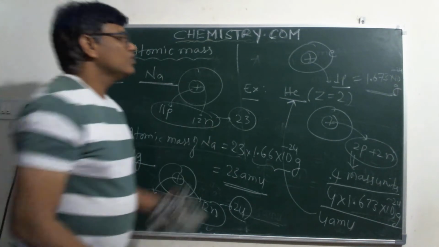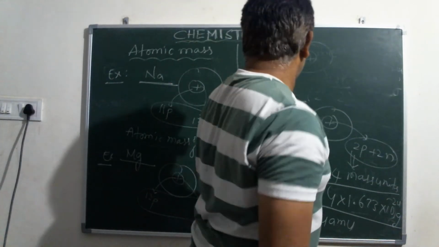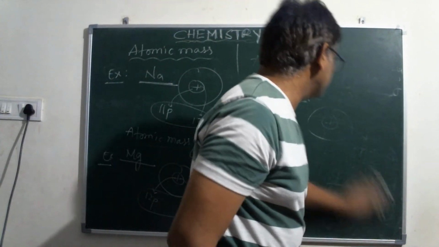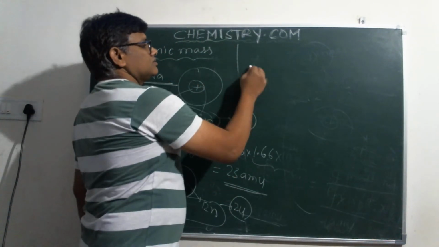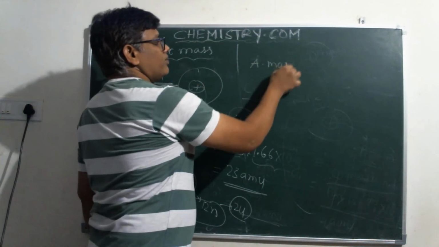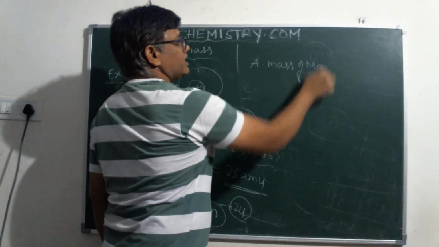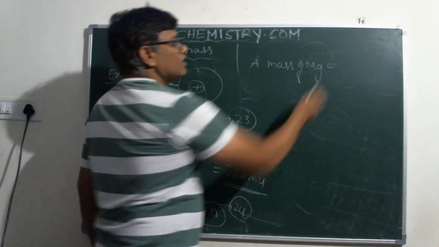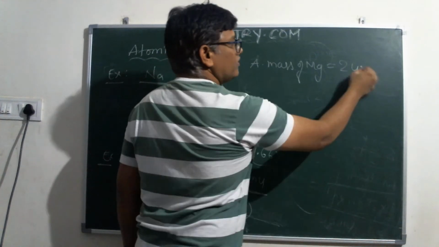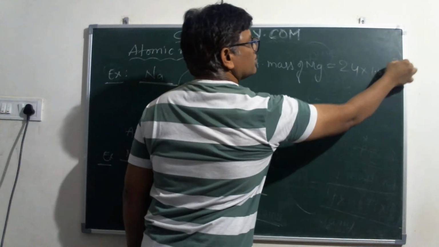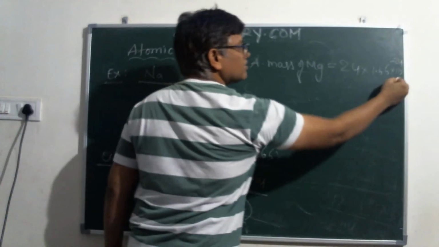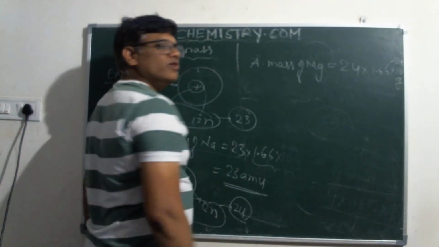So we can write the atomic mass of magnesium as 24 into 1.66 into 10 power minus 24 grams. This is the mass of one magnesium atom.